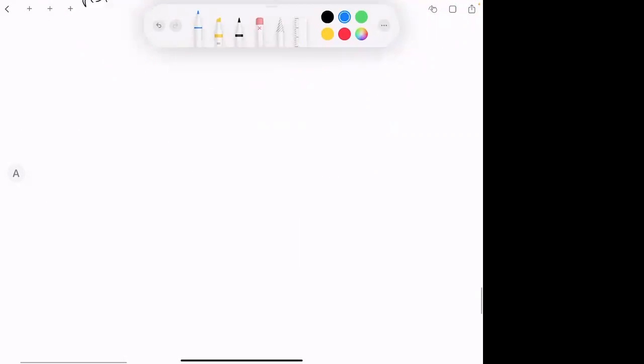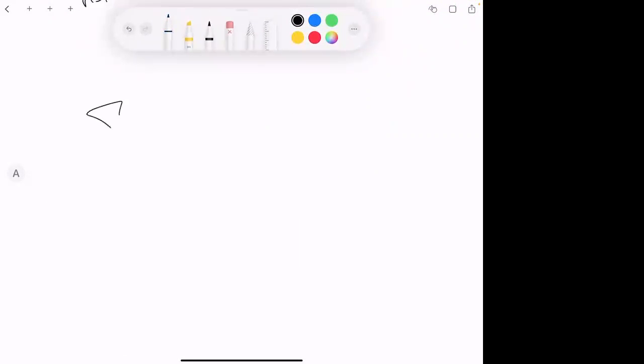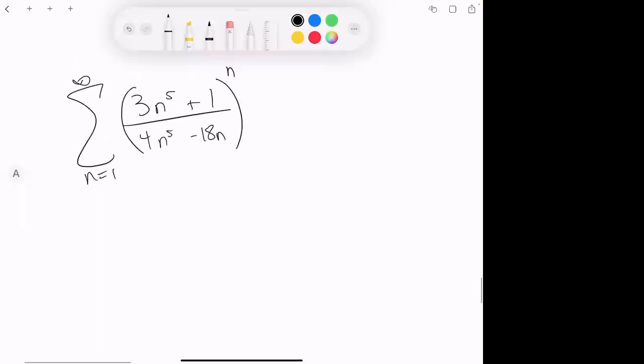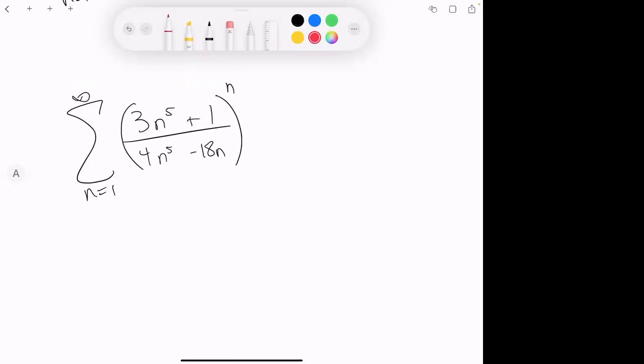An example where you'd want to use the root test would be something like this, where your terms are something to the power of n.